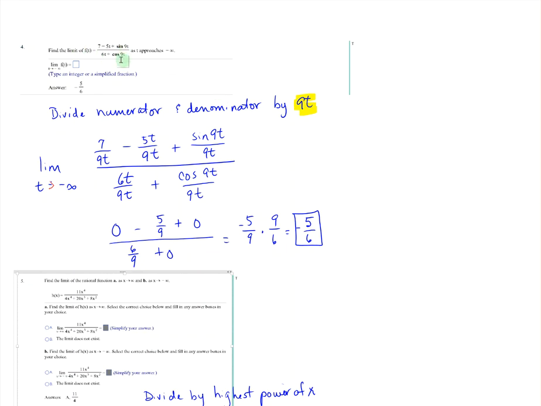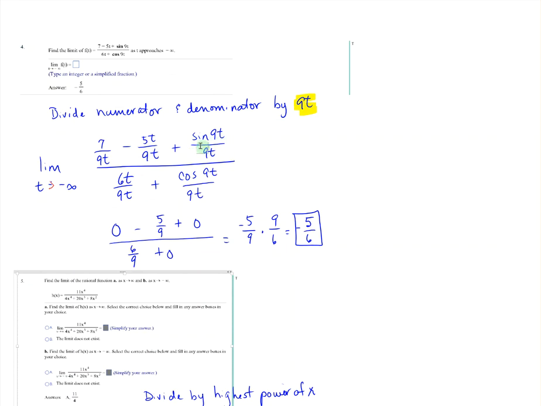So both of them, the argument is 9t. So we're going to divide 7 by 9t, this one by 9t, that, and that. This one is like the 1 over x, that goes to 0. This one is just 5/9 because the t's cancel out.